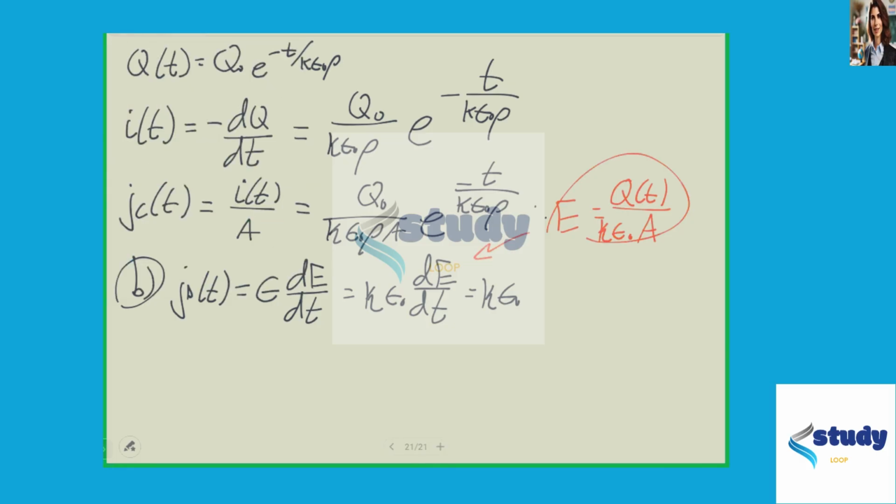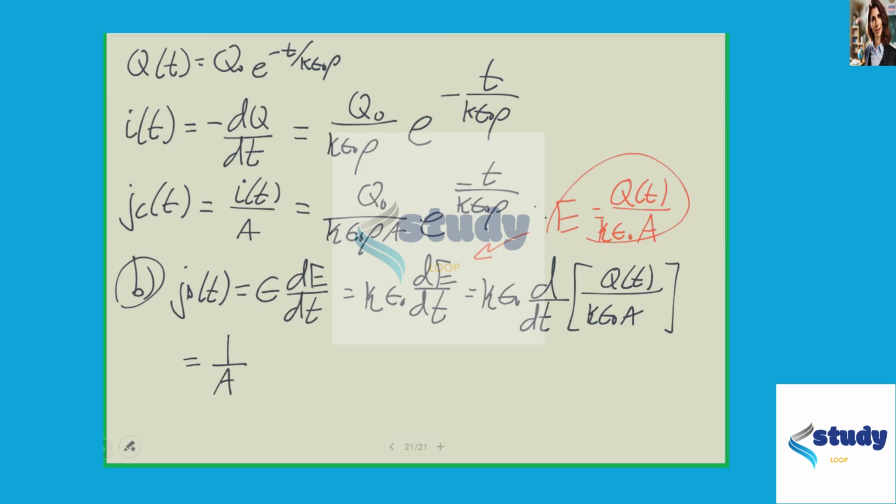And then all of this stuff is a constant, right? So I'll substitute it in first. So this is the derivative of Q of t over K epsilon naught A. Okay, so the K epsilon naughts cancel out and A is a constant.